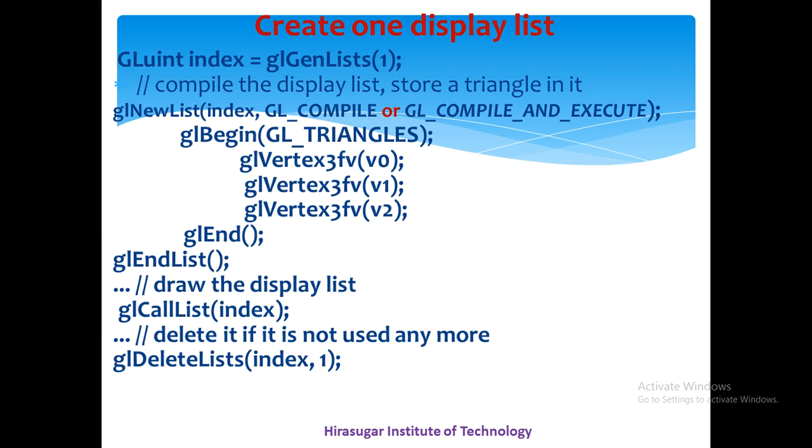Whenever you are storing these lists in some place, maybe on the server side, whenever you want, from that server side you need to execute it. At that time you store it for future execution, that is GL_COMPILE. You store it for future execution, meaning as and when you are storing, those will not be executed, they are only compiled and stored. They are not executed, only compiled and stored, that is GL_COMPILE.